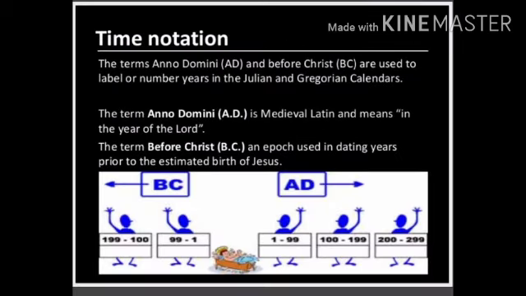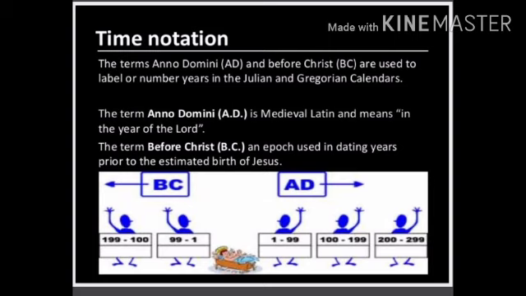Time notation. The terms Anno Domini (AD) and Before Christ (BC) are used to label the number of years in the Julian and the Gregorian calendars. The term Anno Domini is medieval Latin and means in the year of the Lord, and the term Before Christ was used in dating years prior to the established birth of Jesus Christ.